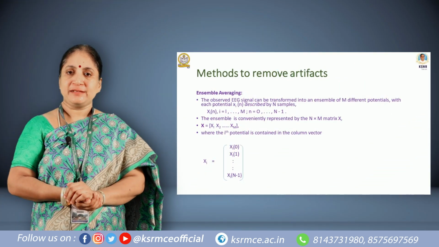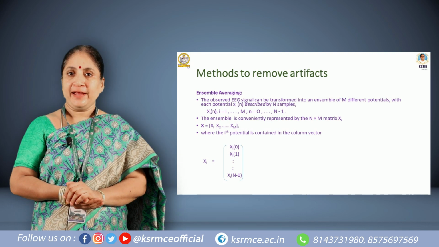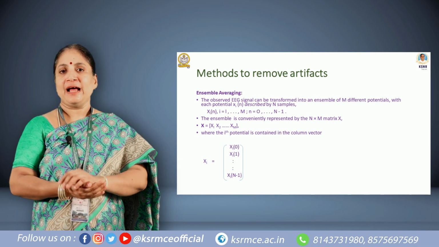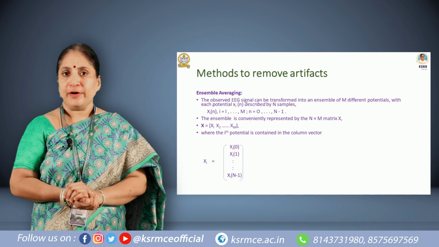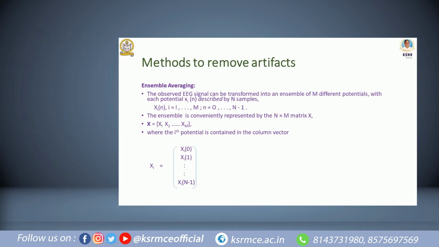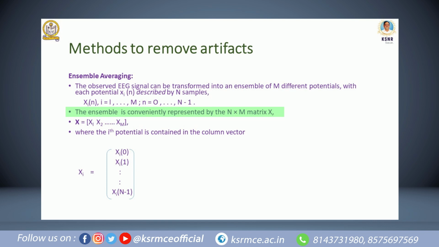Let us discuss the various methods to identify and remove the artifacts. The first one is ensemble averaging. In ensemble averaging, the ensemble of M EEG potentials can be expressed as a matrix of size n by m, where n is the number of samples in each signal. Here we take m different potentials. By repeating the measurement, we have m different signals, where each signal consists of n samples.